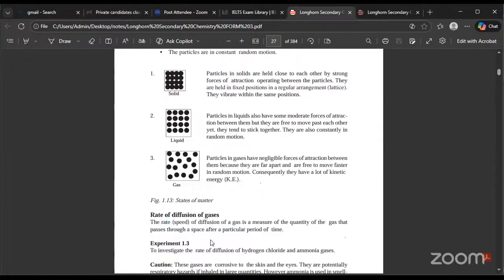So an experiment to investigate the rate of diffusion is normally done again in Form 1. We normally use hydrogen chloride. It is also done in Form 2, but in Form 2 you are testing something else: you are testing RAMs, or the relative formula masses, the masses. So the rate of diffusion is measured by the quantity of a gas. When you talk about quantity, we are specific now. We are talking about amount.